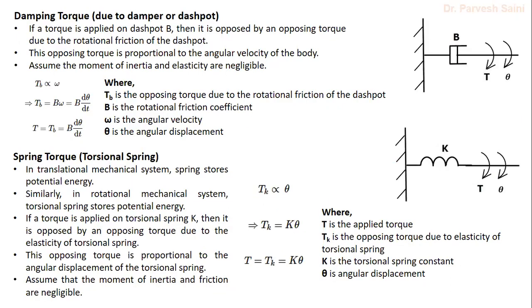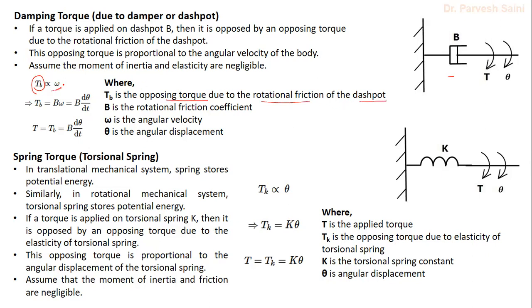Similarly, for the rest of the elements, that is the dashpot and torsional spring, the equations are given on this particular slide. Now, this is the dashpot. If we get some rotation of this element of the rotational system, the torque that opposes the applied torque, TB, is the opposing torque due to rotational friction of the dashpot.